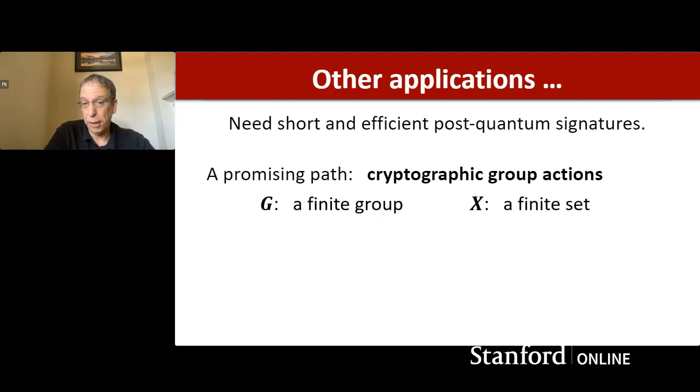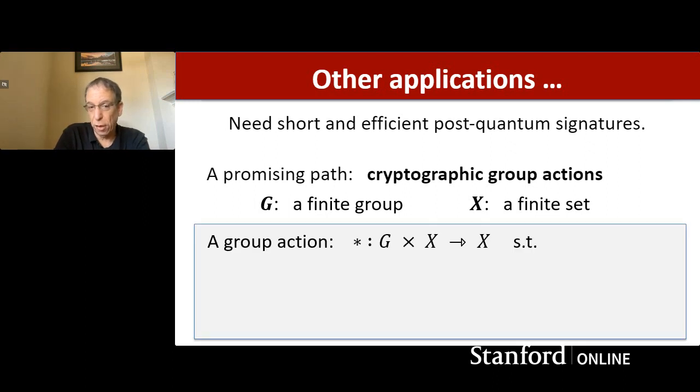So let me explain what a group action is. Let's say we have a finite group denoted by G. We can multiply two elements in this group and get a third element. And this group is acting on a finite set X. What does it mean for a group to be acting on a set? Well, there's a binary operation called a group action, denoted by star.